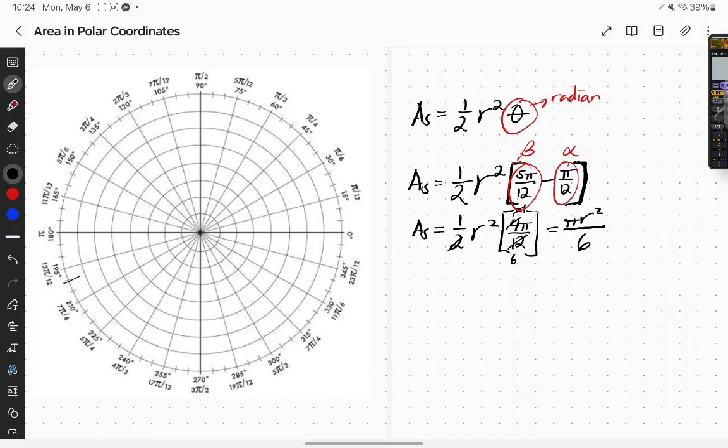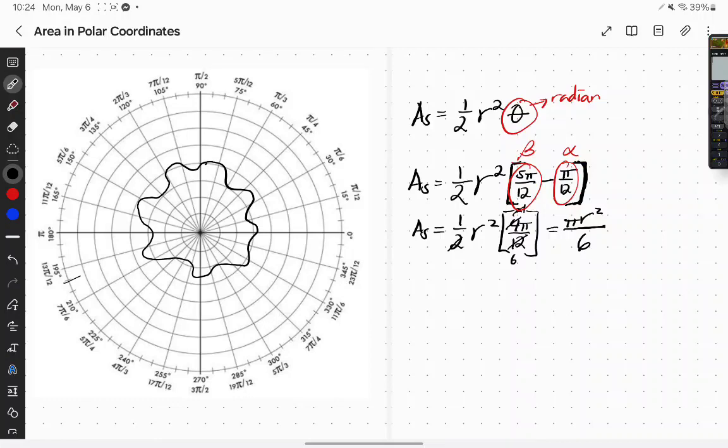We have our limaçon, we have our cardioid, we have our rose, and so on and so forth. So what if we have a curve wherein the radius is not always equal to some number? What if we have a varying radius at any given point?